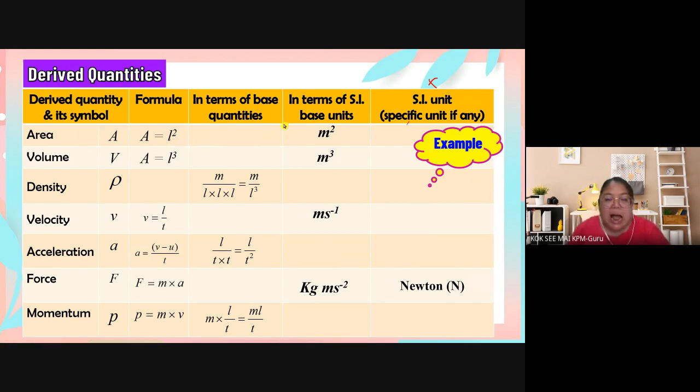They ask you in terms of the base quantity, so you have to separate it out: L times L. The base unit of L times L is meter square. Its specific unit: none, it only has meter square.